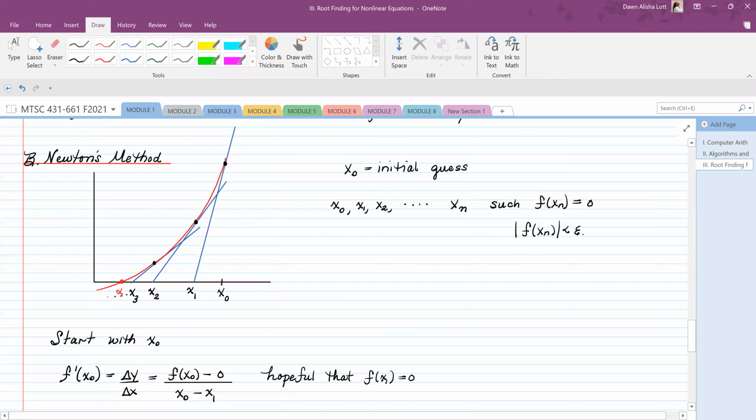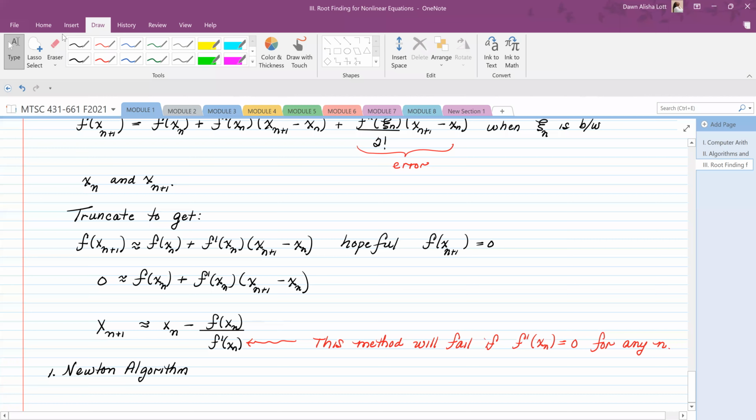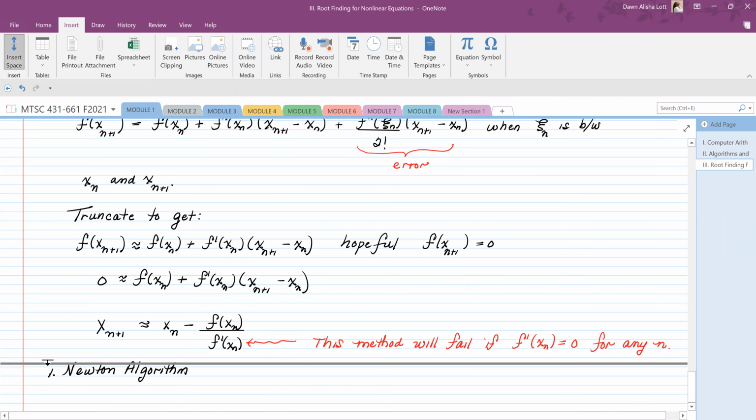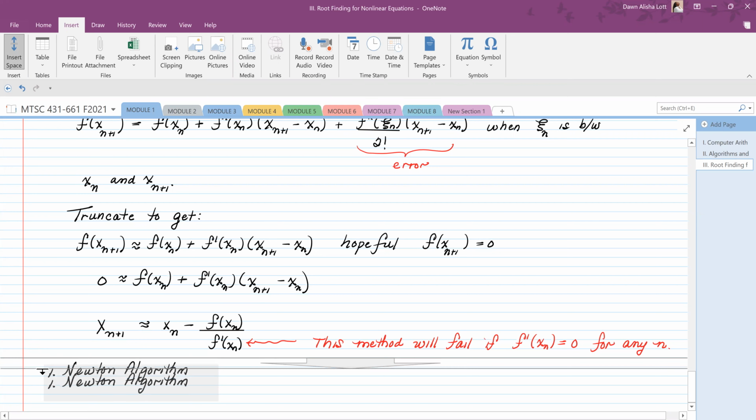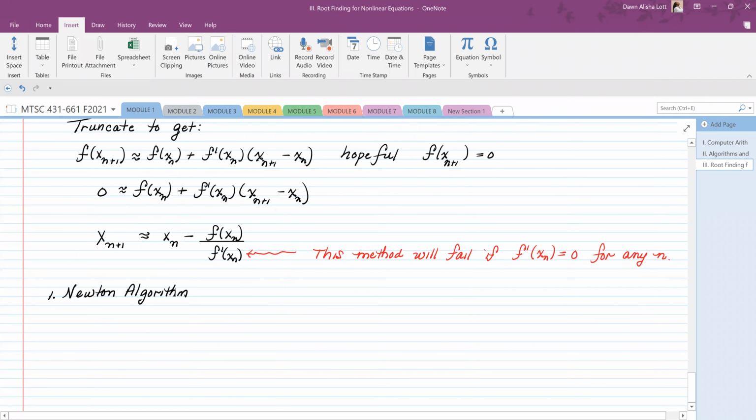All right, so let's do the algorithm. So the first thing we're going to do is we're going to have a value that we're going to call iterate.